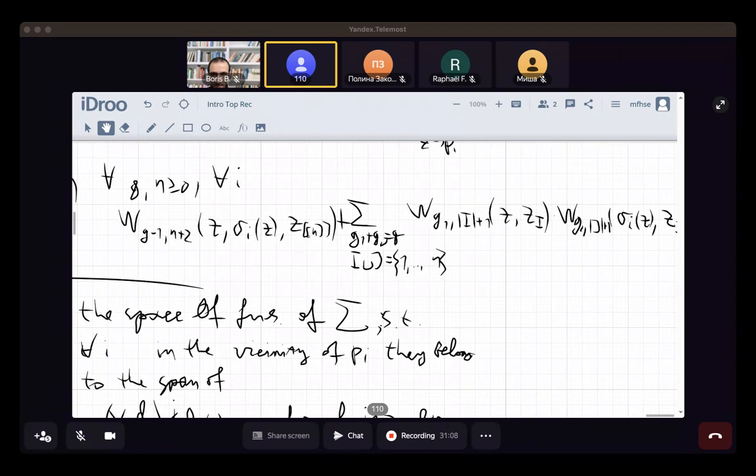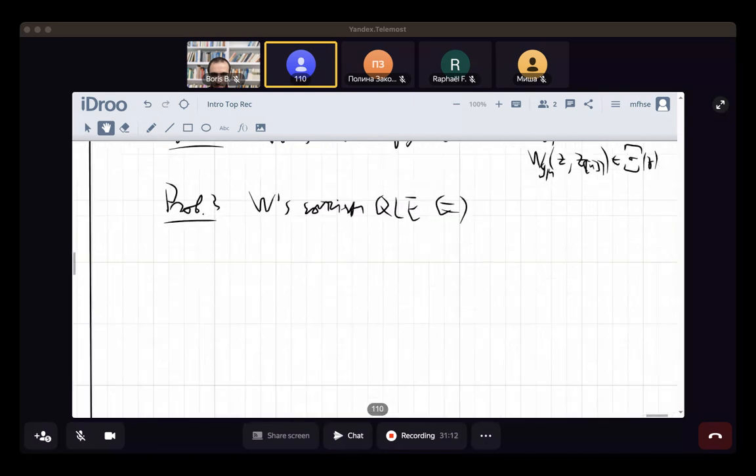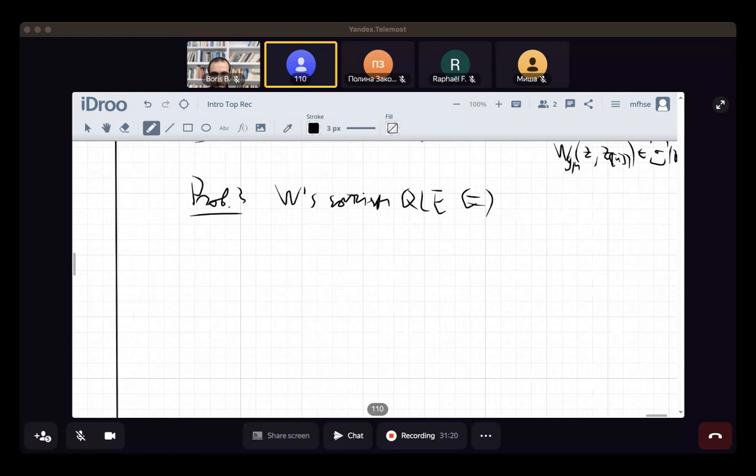Let me write it down. I will first introduce some definition. I will call it curly W2.